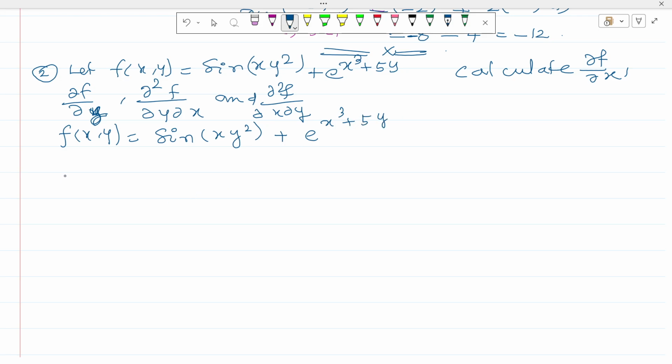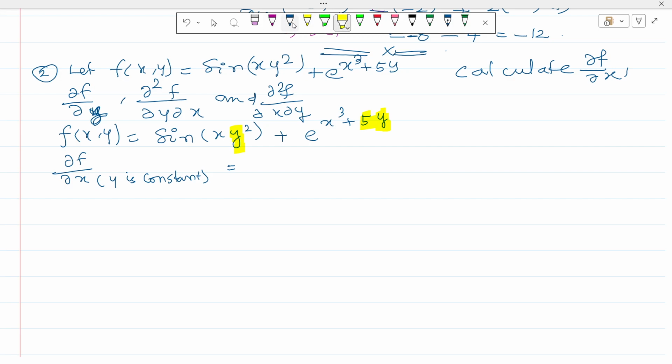Now we have to find dou f by dou x. So dou f by dou x means you have to write y is constant. If you understand, no need to write this. So y is constant means what are the constant terms here? This y is constant, then this term is constant, the whole term is constant.